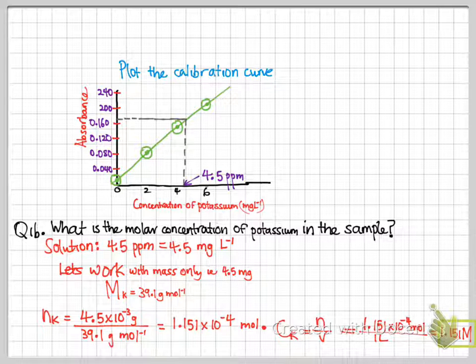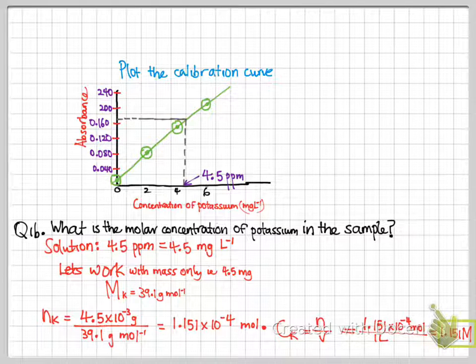All I need is the molar mass, and the molar mass of potassium, MK, is equal to 39.1 grams per mole, and nK is the number of moles of potassium, which is from my given mass, 4.5 milligrams. You can see I got 4.5 times 10 to the minus 3 grams, because I'm converting milligrams to grams, I have to divide by 1000, and then I divide that by the molar mass, 39.1.